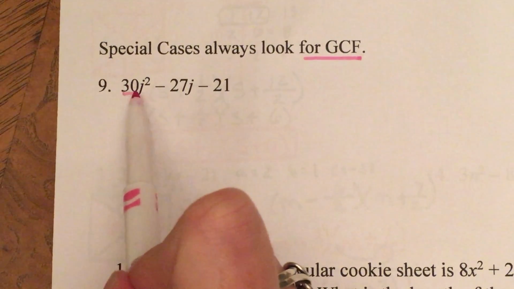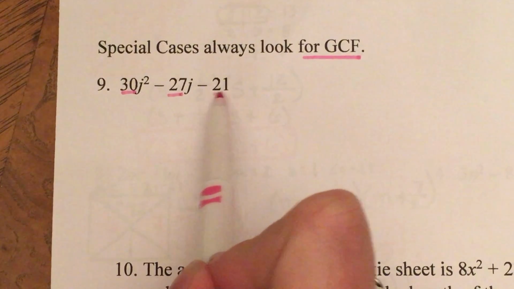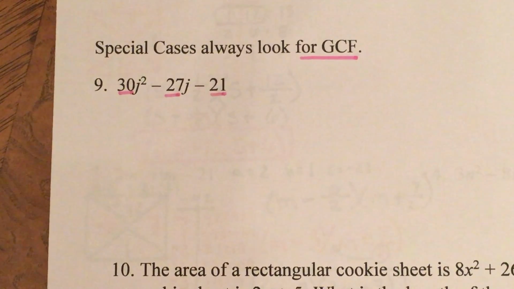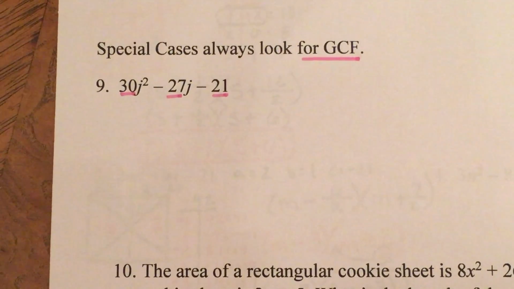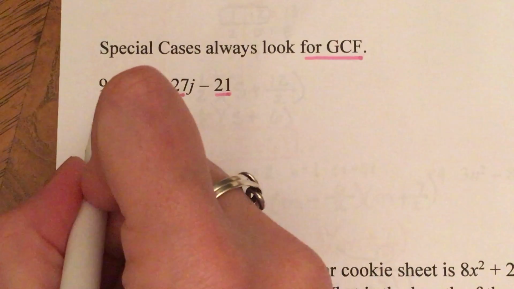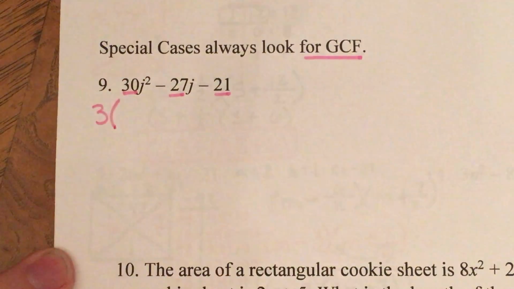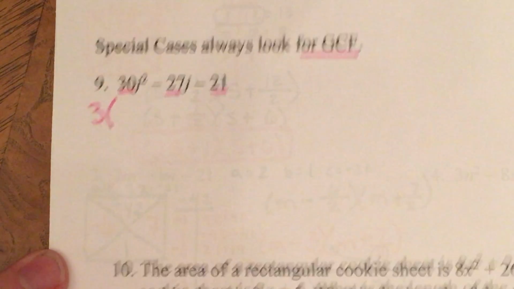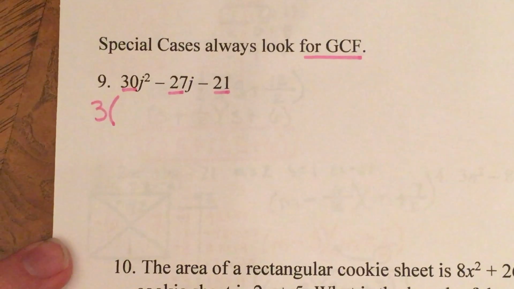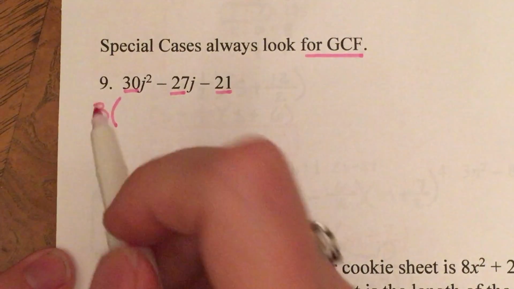So we've got 30, 27, and 21. All three of those numbers are divisible by 3. So we're going to factor that out first and then go build our binomials in a minute.